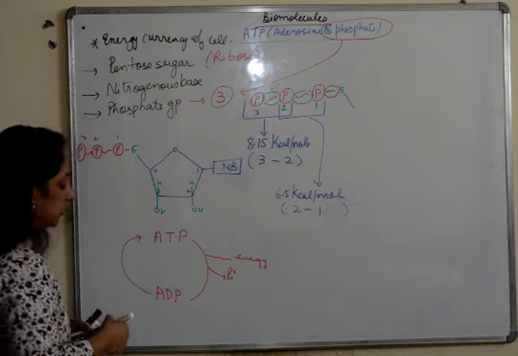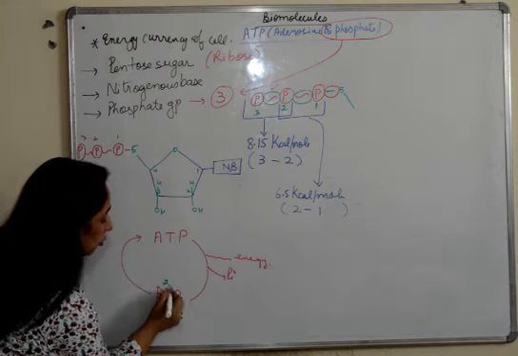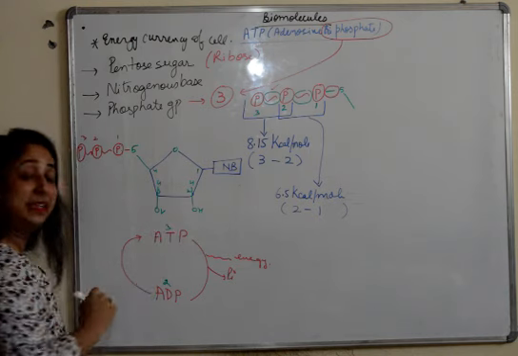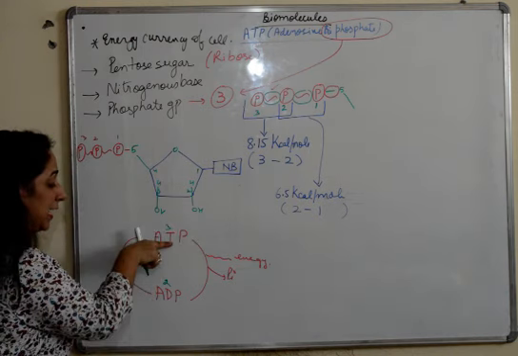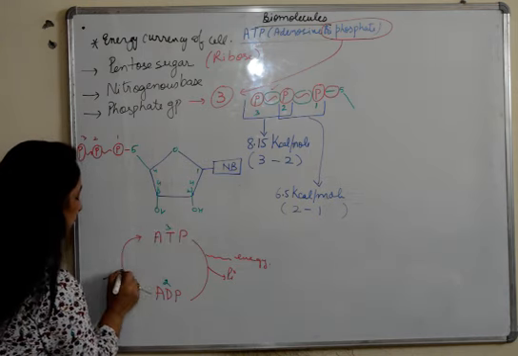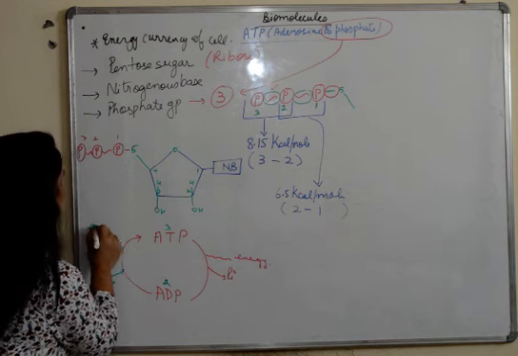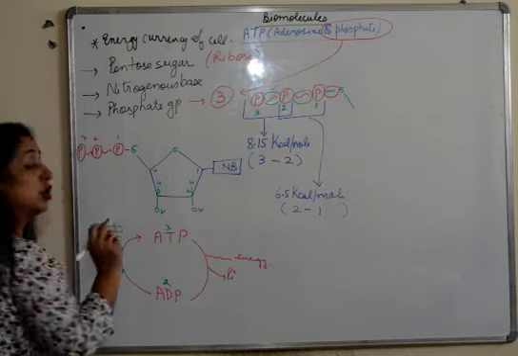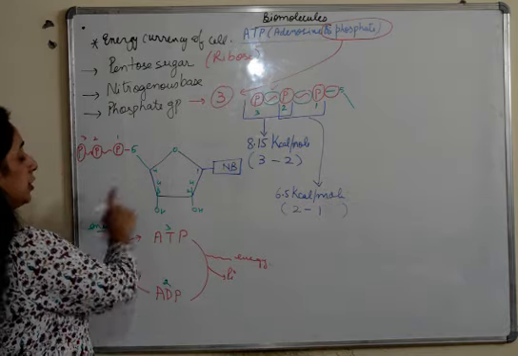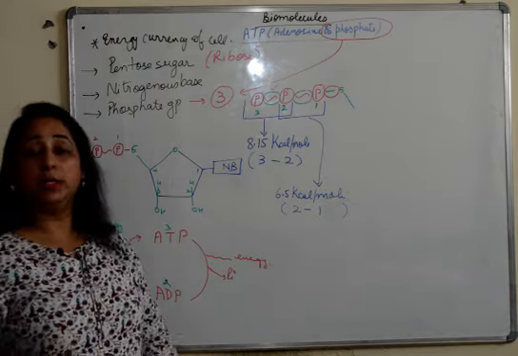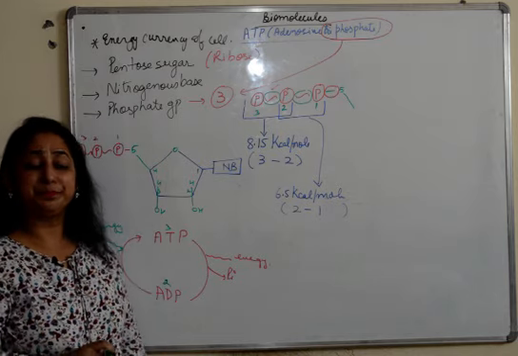Why? Because this is diphosphate, 2-phosphate. This is triphosphate, 3-phosphate. And when ATP has to form, obviously there is moving in of pi molecule and moving in of energy, or you can say requirement. So this is how the conversion of ATP molecule takes place.